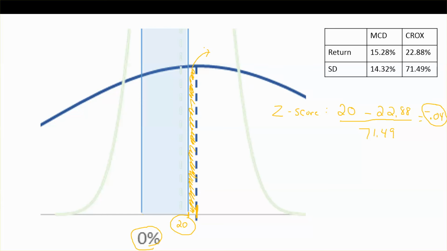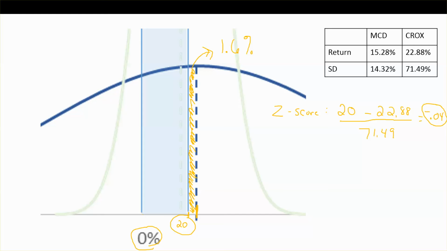So I know 1.6% of Crocs's returns will fall in this orange shaded area. That happens to not be the area that I want, but I need this percentage to find the area that I do want.